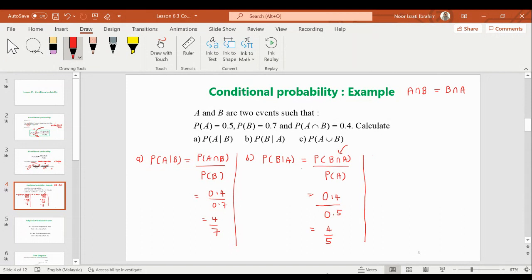For part C, to find the union, this is from lesson 6.2. By using the rule of addition, it equals the probability of A plus the probability of B minus the probability of A intersect with B. Here it is 0.5 plus 0.7 minus 0.4, which equals 0.8.